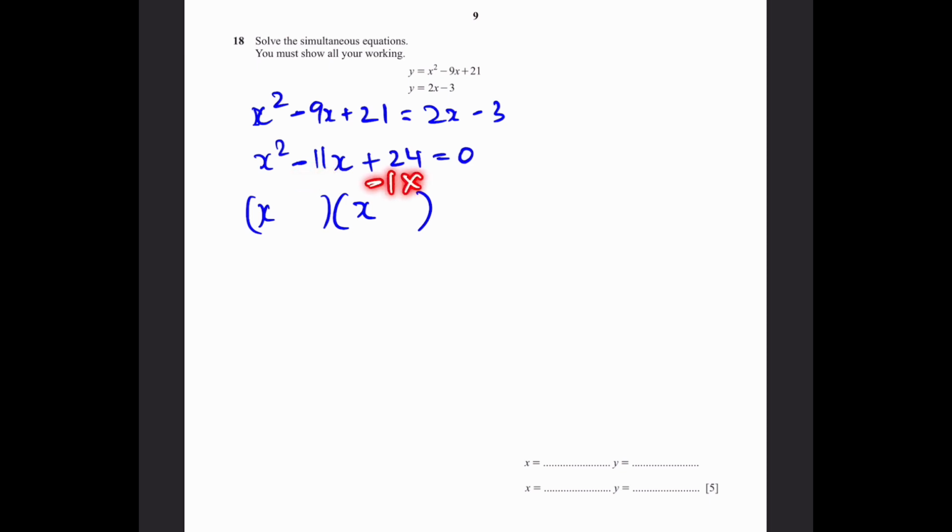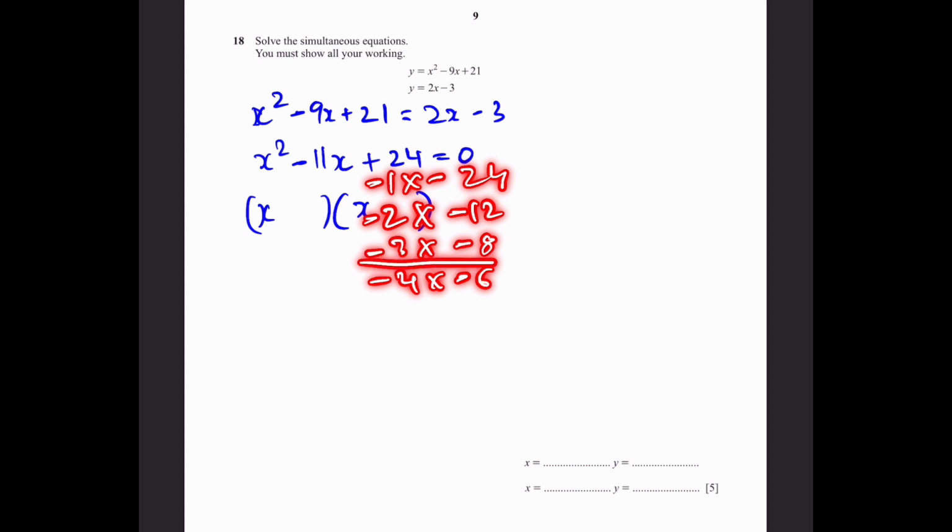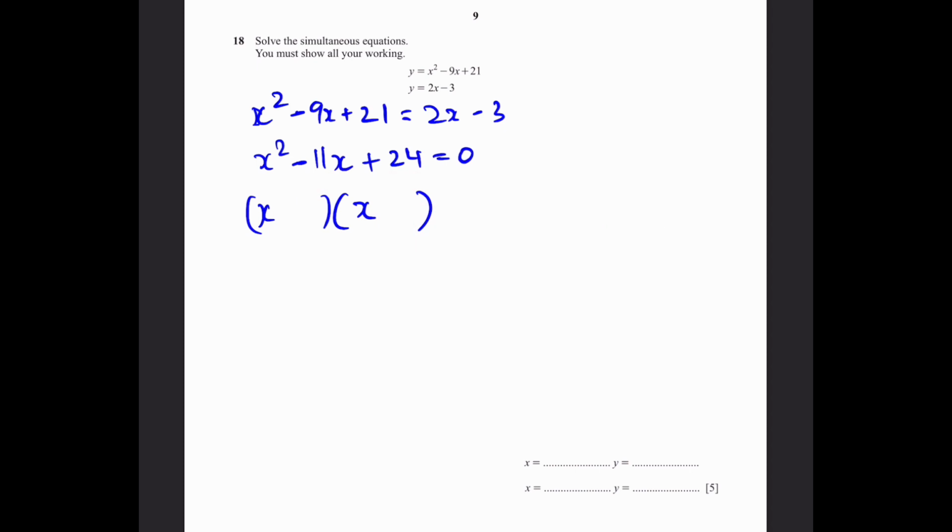So minus 1 into minus 24, minus 2 into minus 12, minus 3 into minus 8, and minus 4 into minus 6. Out of this, only this one adds up to get 11. Minus 3 plus minus 8 is equal to minus 11. So that's correct there. So we can put minus 3 and minus 8 here. So that means x equals 3 or x equals 8.